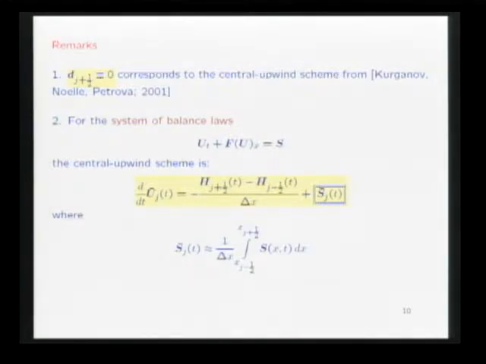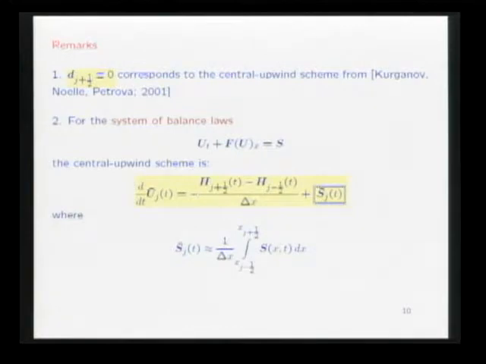Also for systems of balance laws, because in shallow water the most interesting situation is when the bottom topography is not flat, so we need to deal with the source terms. With central schemes, the fluxes are fixed, and the only degree of freedom is how to compute the average of the source.